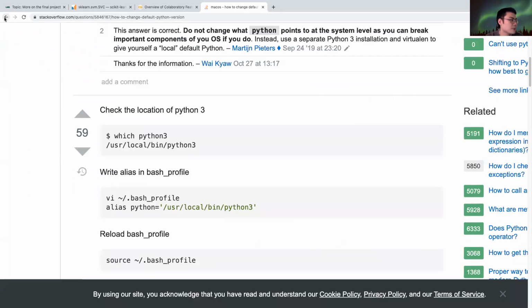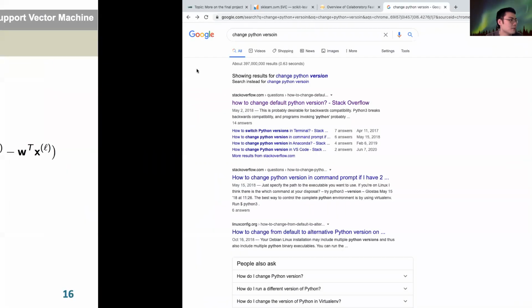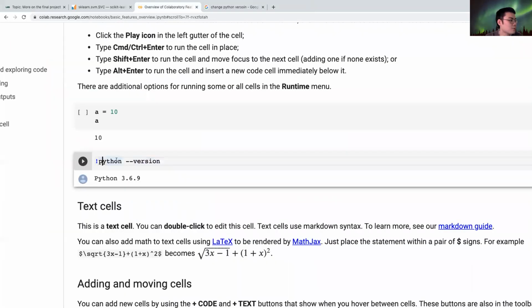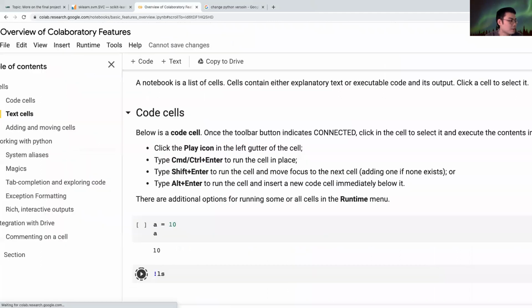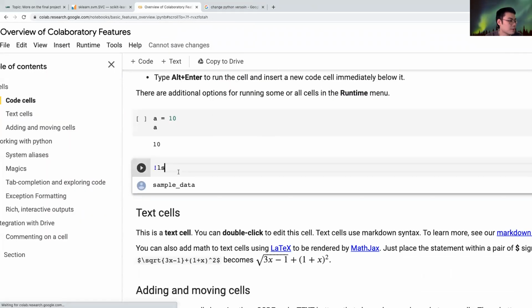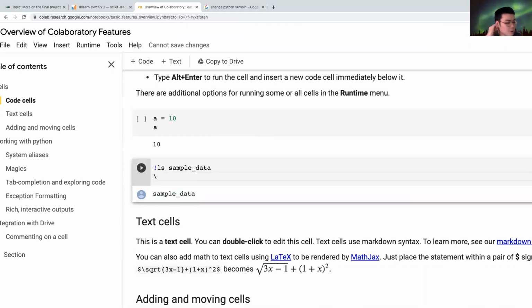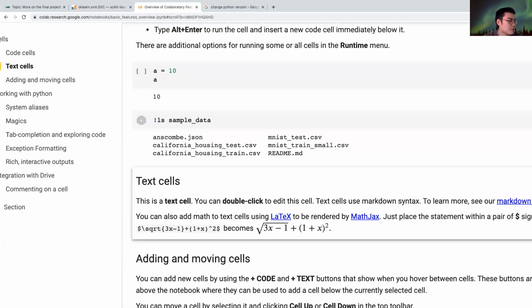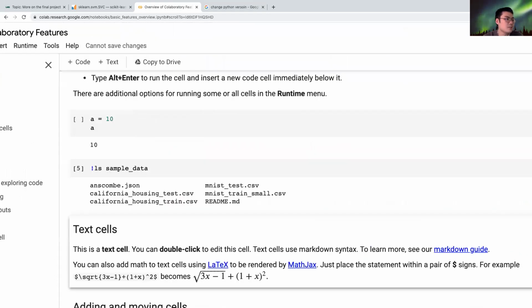I think this is basically Linux stuff because you are now on Linux. So in Colab, everything you can do, like you can look at your disk structure, sample data. Basically, it's your virtual machine. Once you connect, it's a virtual machine assigned to you.